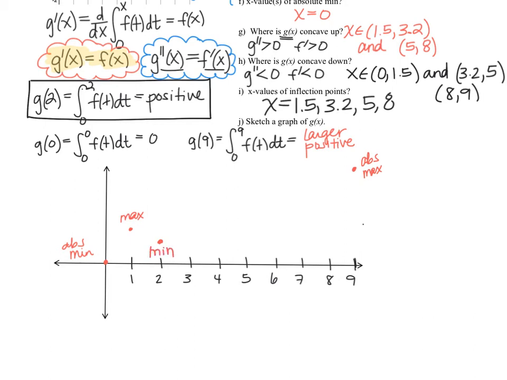Then let's look at these inflection points. So we've got an inflection point at 1.5. So if we were to compute the value of g of 1.5, that would be the integral from 0 to 1.5 of the function f of t dt. So going back to our original graph, let's accumulate area from 0 to 1.5 and see whether or not we get a positive or a negative value.